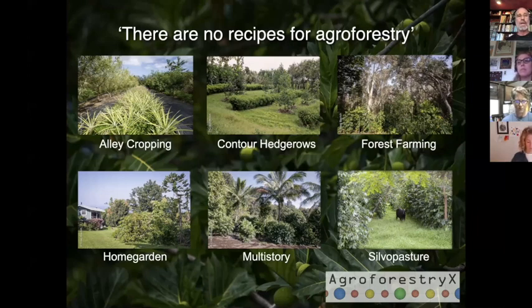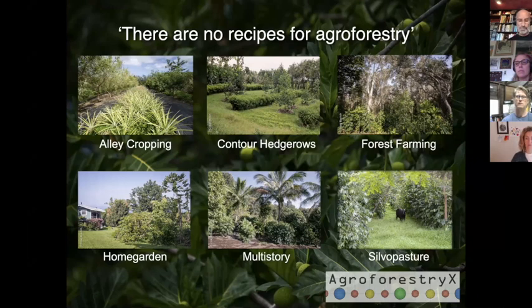For example, an alley cropping project can also be a multi-story agroforestry project, or contour hedgerows can mean many different things. So we wanted to get away from design based on practices and shift over to a more general framework for designing agroforests.